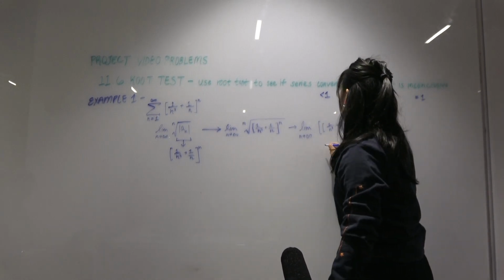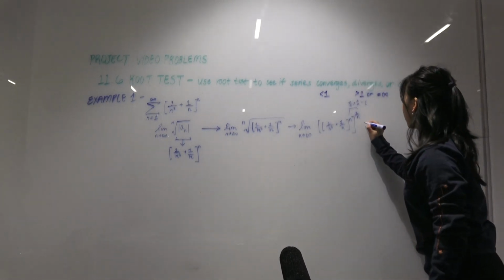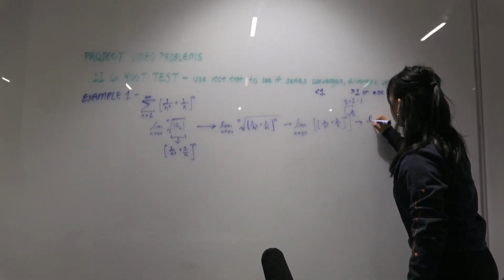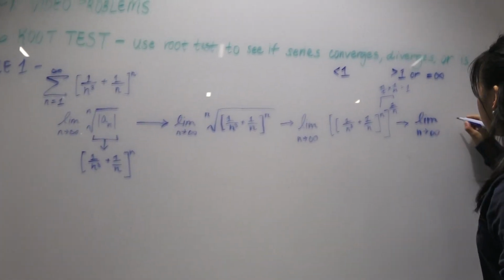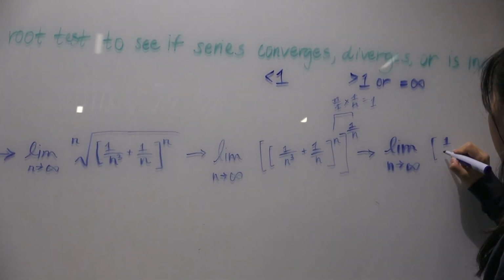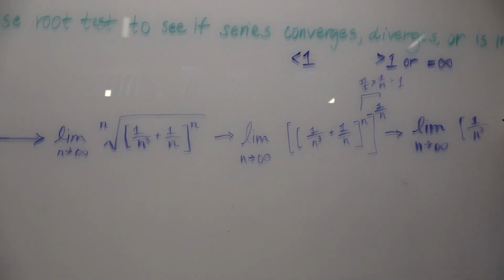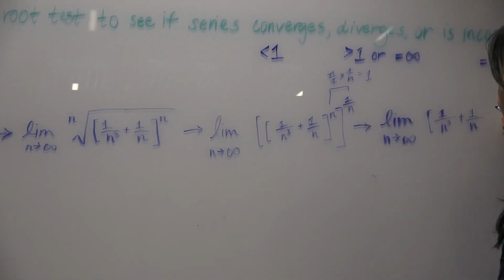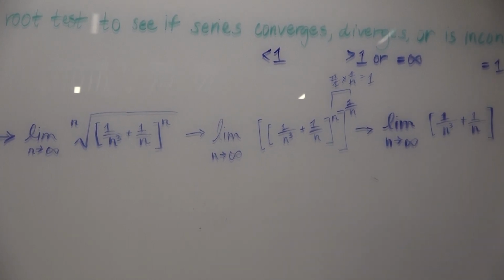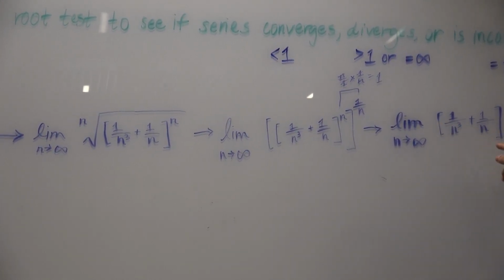So then you have the limit as n approaches infinity of 1 over n cubed plus 1 over n. At this point, you can evaluate each of these independently.